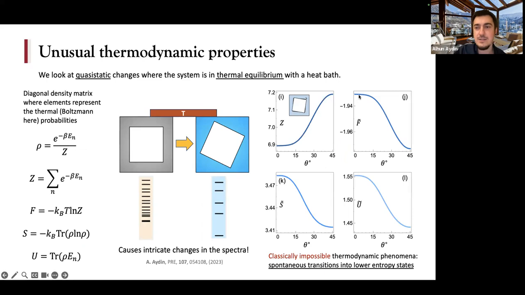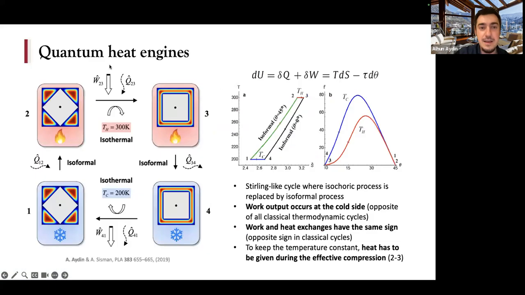Because in that case, from 2 to 3, we are going from the 45 to the 0-degree configuration, so we are giving work to the system, overcoming this free energy barrier, and also the system gives heat to the environment. In the case of entropy it would increase. But as you see here, these behaviors are not opposite, but the same. So this leads to such a same-sign energy exchange.